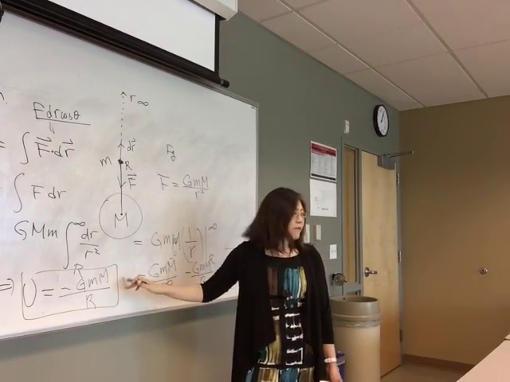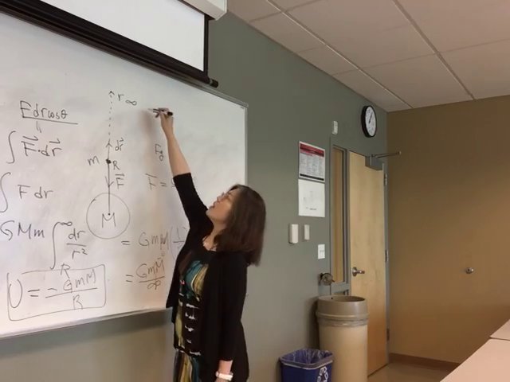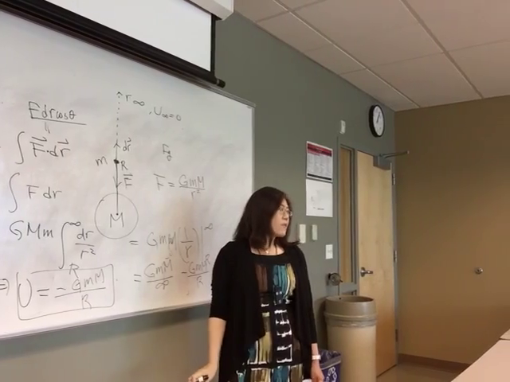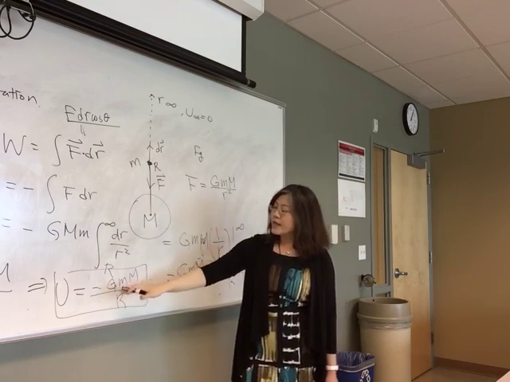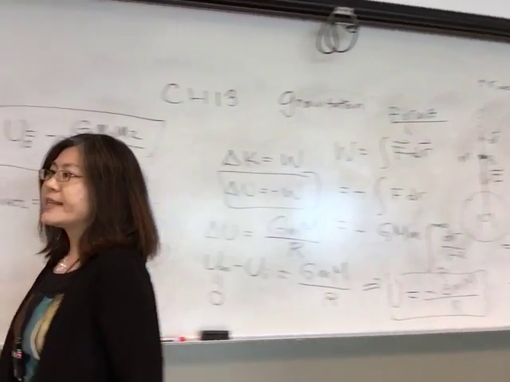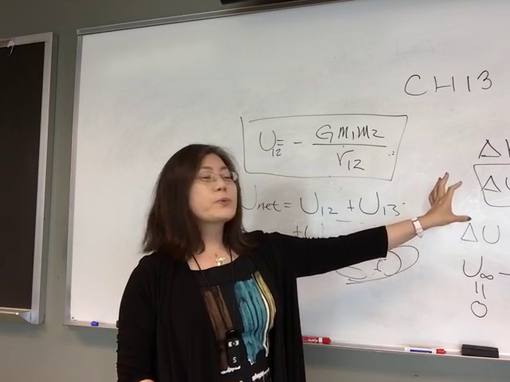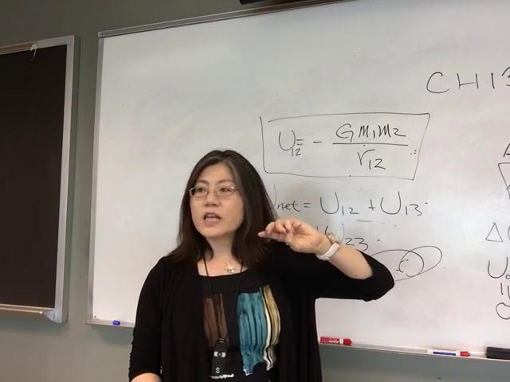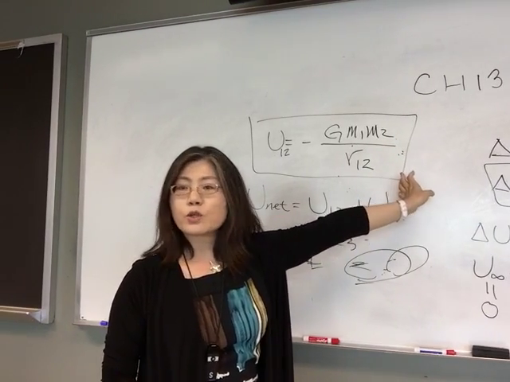So this expression is with the understanding that we define the gravitational potential energy at infinity to be 0. Because you have to have a reference point, and this is the reference point that we choose to be 0. So you get this expression that's negative GMN over R. So when you do a problem, if you want to find the gravitational potential energy of the system with respect to gravitational potential energy at infinity set to 0, it just means that you want to use this expression to calculate your gravitational potential energy.